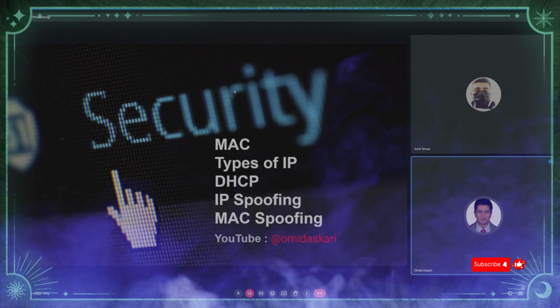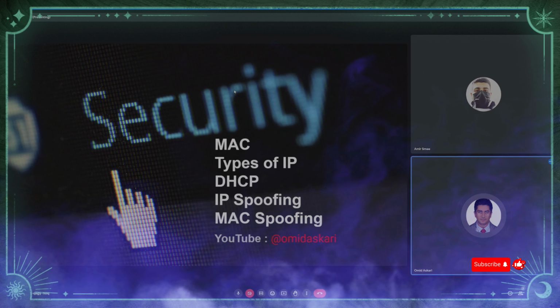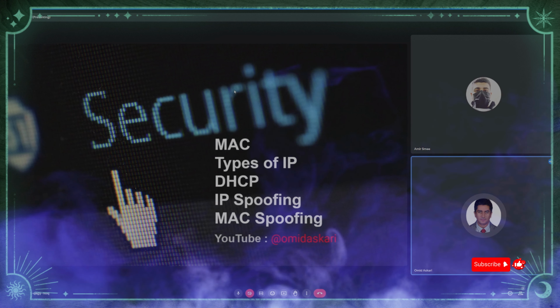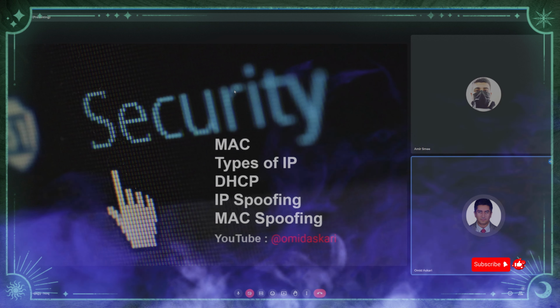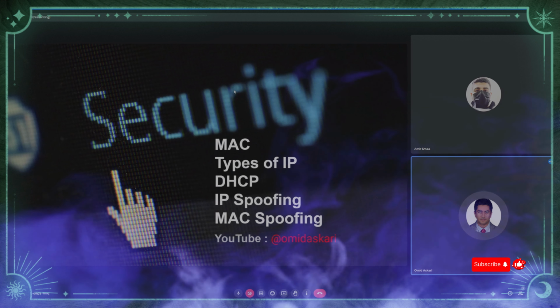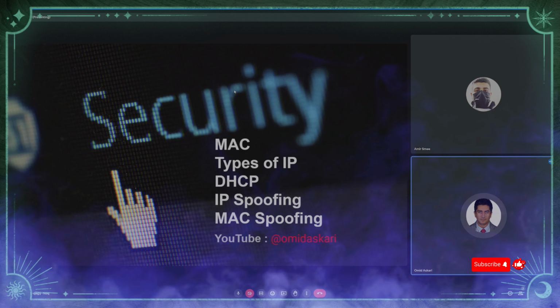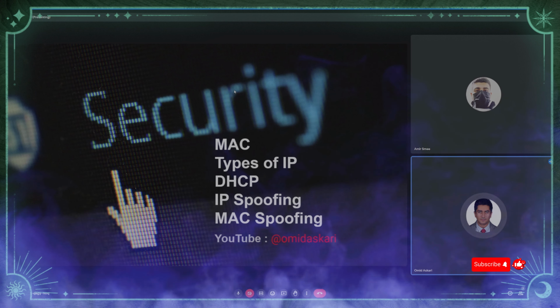The intrusion detection system has detection, alerting, a passive system, and incident response. In IPS we have prevention, real-time response, inline deployment, and reduced manual intervention.